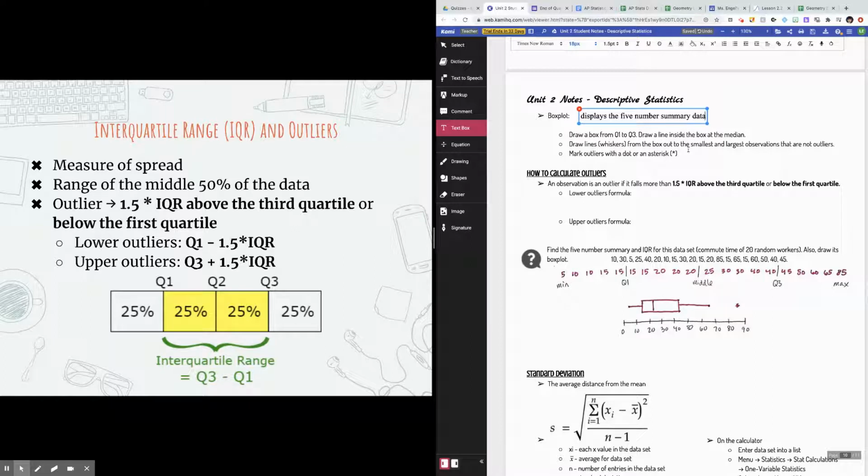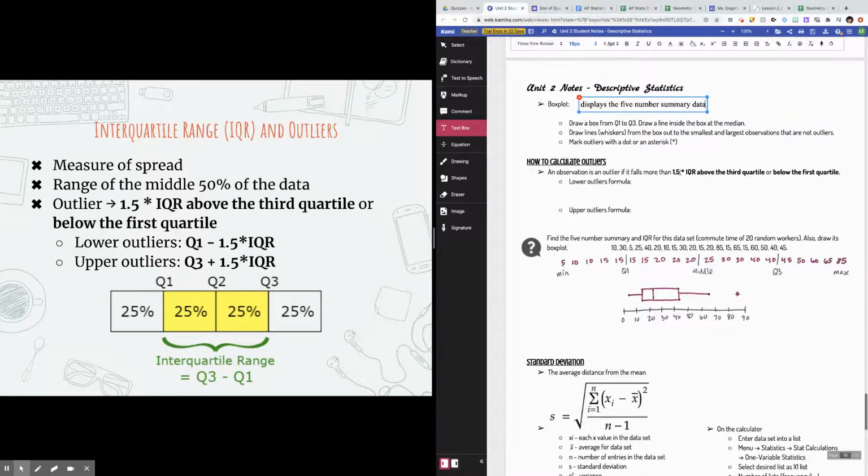The best way to draw a box plot is to draw the actual box first. So draw a box from Q1 to Q3, then draw a line inside the box wherever the median is, and then draw the whiskers after that, which are just lines that go out to the left and to the right. Draw them out to the smallest and the largest observations that are not outliers.